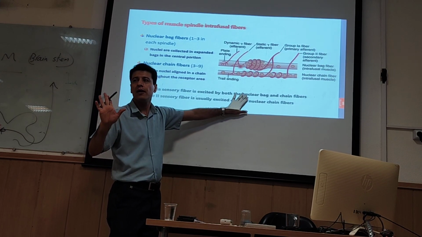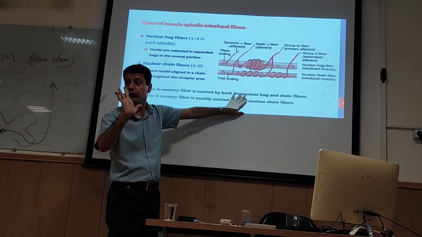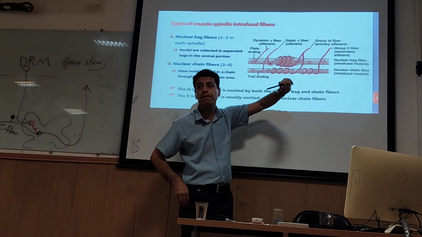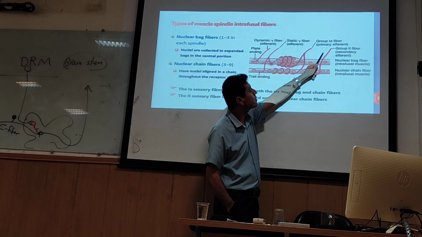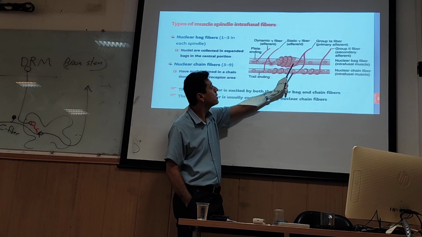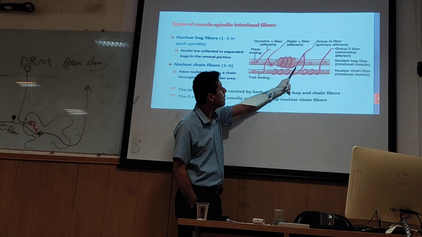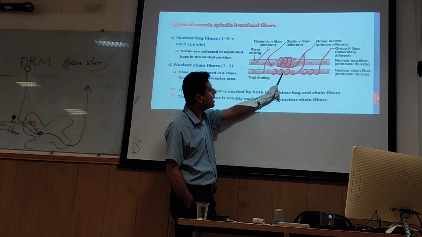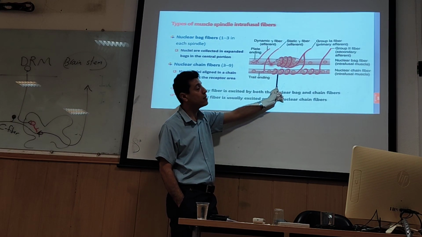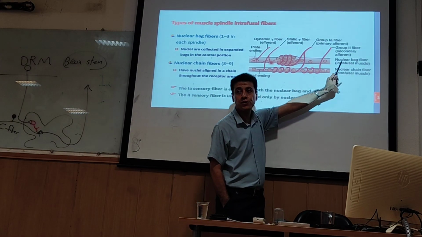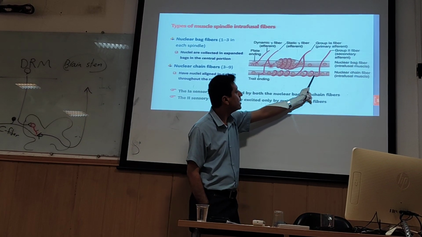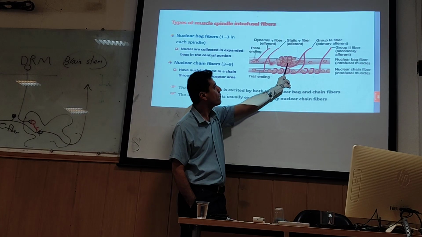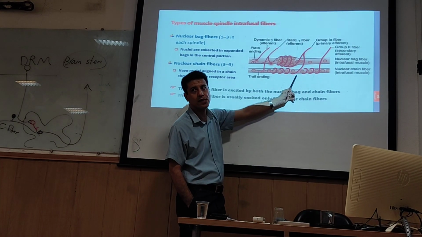So now, let's focus on the innervation again with more details. I told you that 1A fibers and 2 fibers innervate the muscle spindle. You can see that 1A fiber innervates both nuclear bag fiber and nuclear chain fiber, but type 2 fiber mainly innervates nuclear chain fiber. So bag fiber for dynamic, chain fiber for static response.